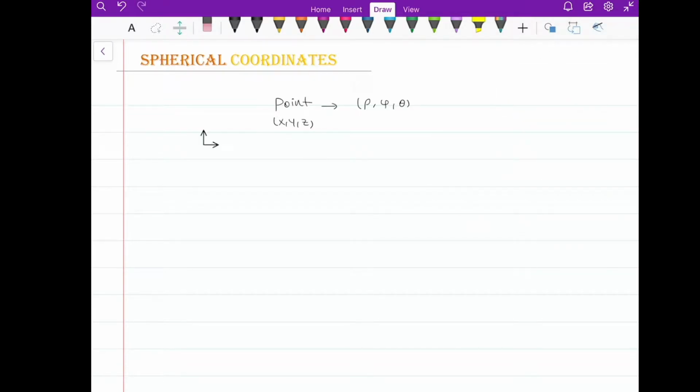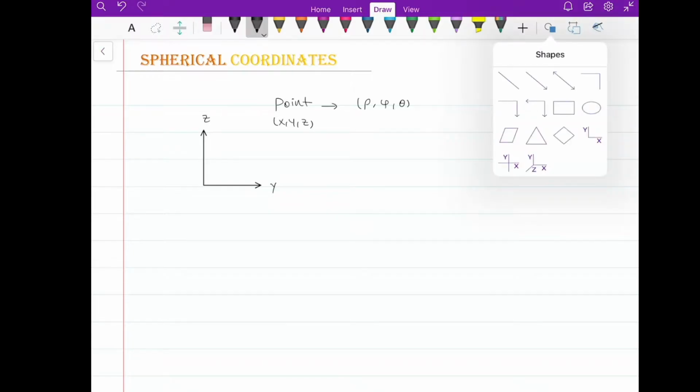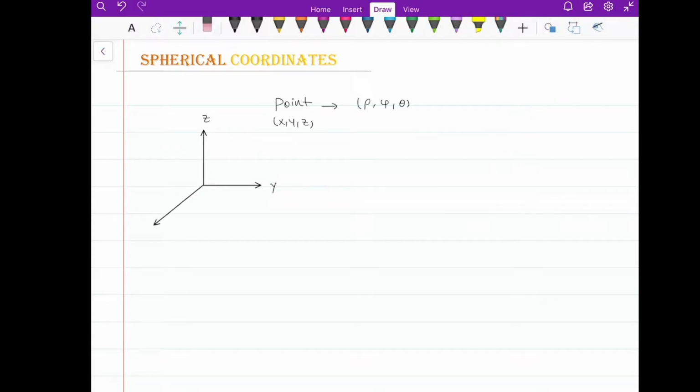So let me graph the x, y, z axes. And then if we have the point P with the coordinates x, y, z in here, the Cartesian coordinates, then I say that the distance from the point to the origin, I'm gonna call it rho.